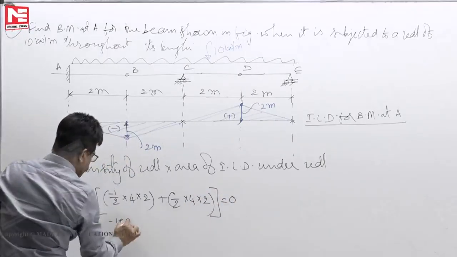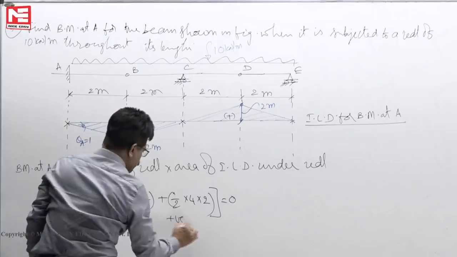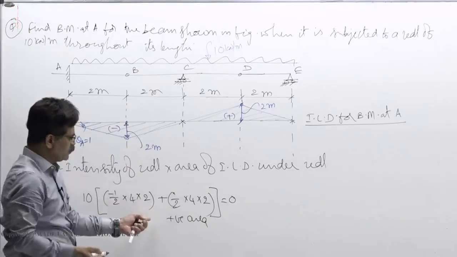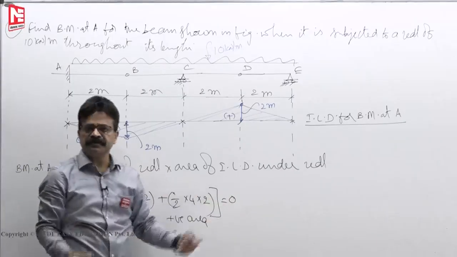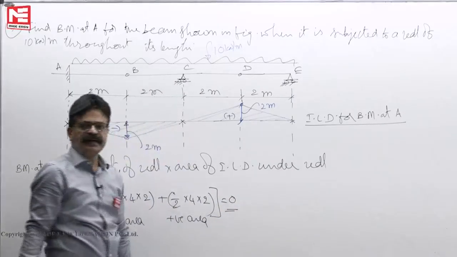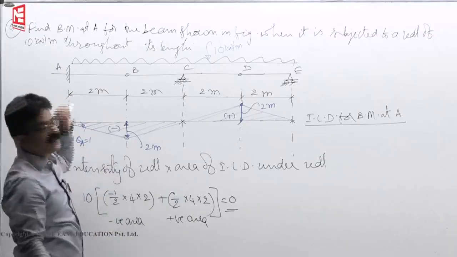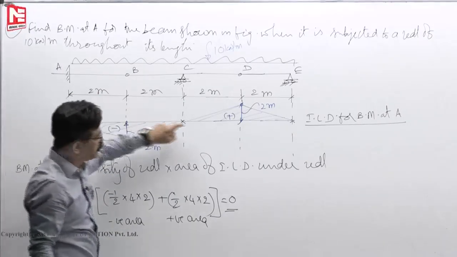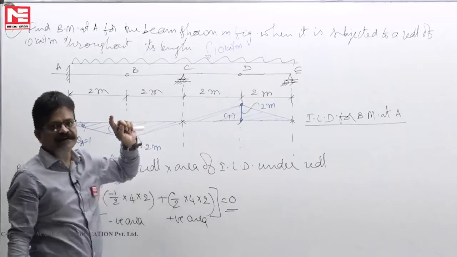In this case they are equal, so the sum became 0. If they are not equal, then you will get some net value. This was once given in a GATE paper for a 2 marks question, what is the bending moment at A? It hardly takes 20 or 30 seconds, but you should get the idea of drawing the ILD.